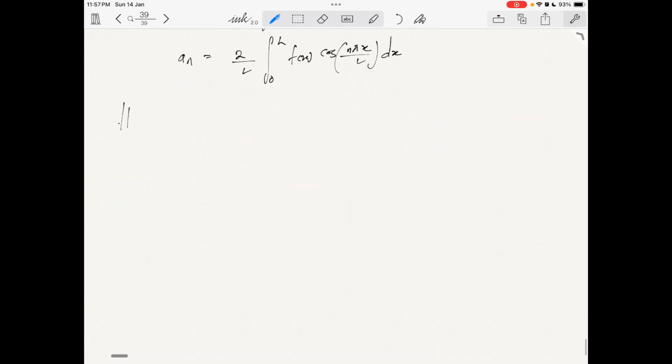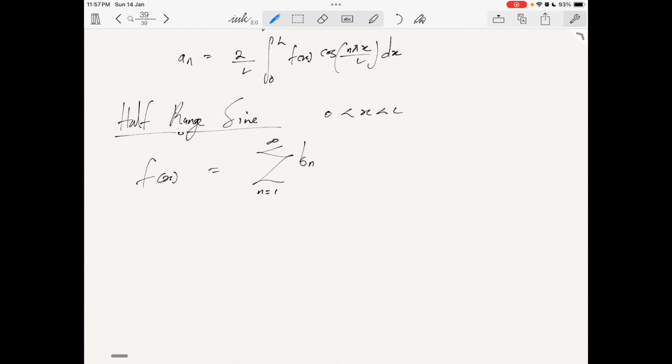Now for the half range series for the sine function, within the range of 0 less than x less than L, we can deduce that f of x is the summation from n equals 1 to infinity of bn sine n pi x over L. And bn in this case is 2 over L integral from 0 to L of f of x sine n pi x over L dx.